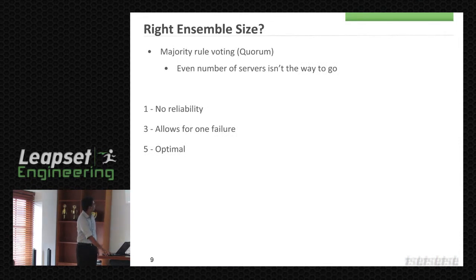The other important thing is the ensemble size. In Zookeeper, if there is more than one server, that means they form a cluster. The usual practice is to have an odd number of servers in the cluster. There is a reason: if it is an even number, then the quorum is not reached, so there won't be a majority when failures happen.